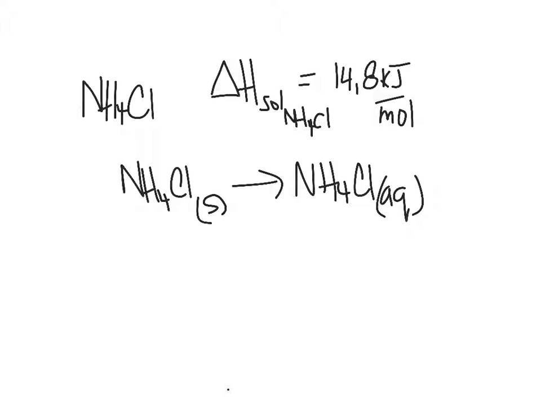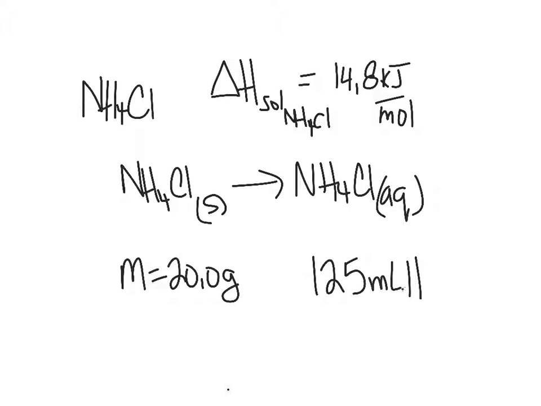Molar enthalpy of solution. So you're dissolving a solid. You know it's a solid because the mass of it was 20 grams. You have 125 milliliters of H2O, and the initial temperature was 20.